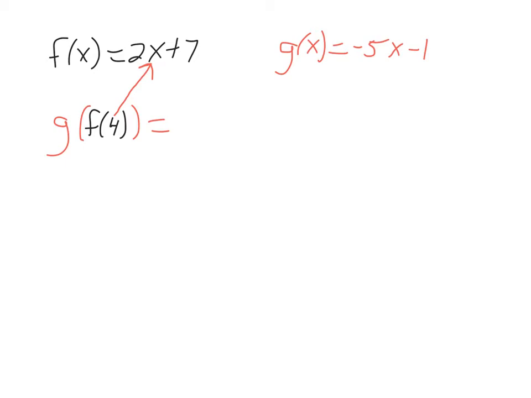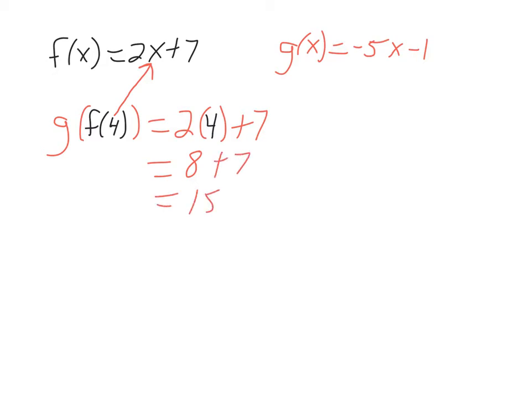Then you're going to get that answer and put it into g and solve it from there. So if I put 4 in for the x, we have 8 plus 7, which is 15.